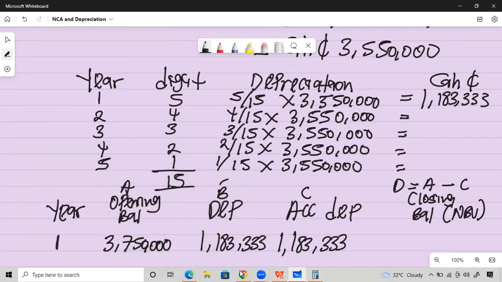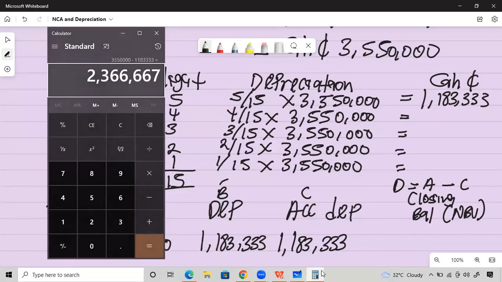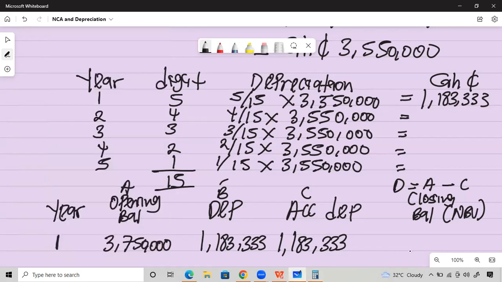That is the cost. So 3,750,000 minus 1,183,333. Then you have what? 2,566,667.